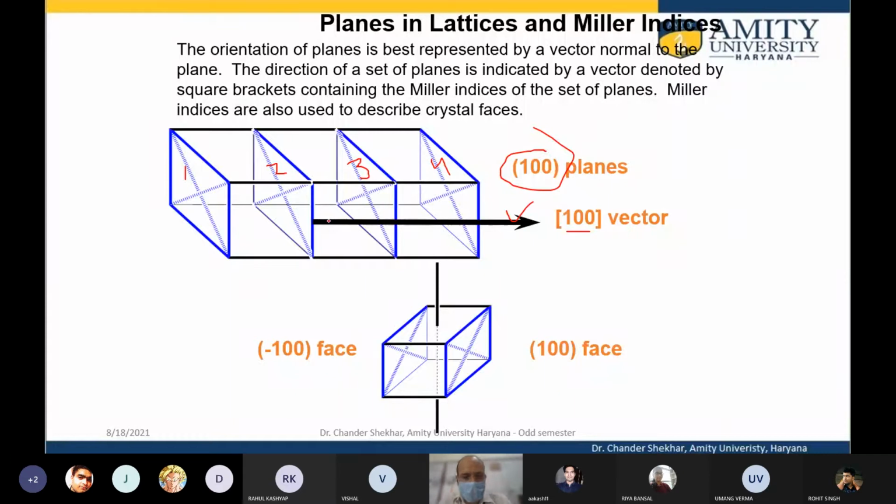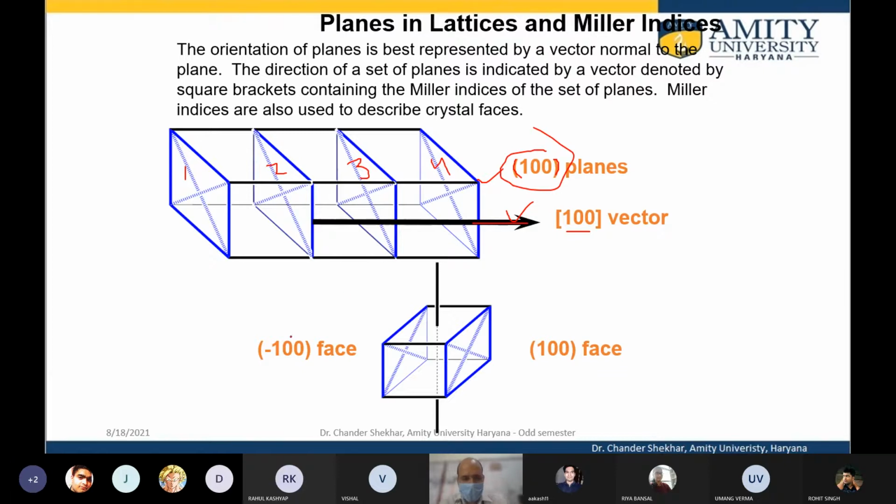So if we represent the plane by curved brackets, then it represents a plane, or if it is a square bracket, it represents the direction. That means a one-dimensional vector represents the family of planes which are two-dimensional. So in a sense it is a correlation between a two-dimensional plane and a one-dimensional lattice vector.